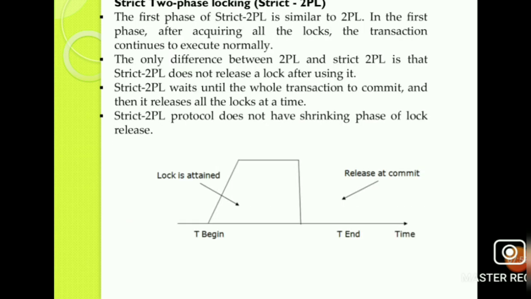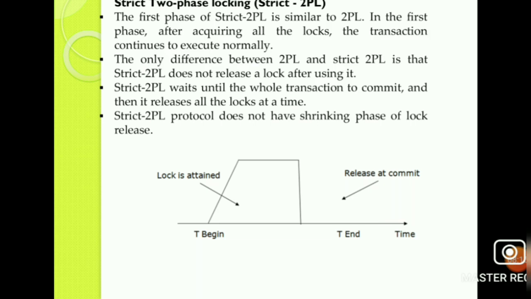Next one is strict two-phase locking. It is somewhat similar to two-phase locking. The first step is the same. The only difference is that strict two-phase locking does not release a lock after using it. It has to wait for the entire transaction to complete.